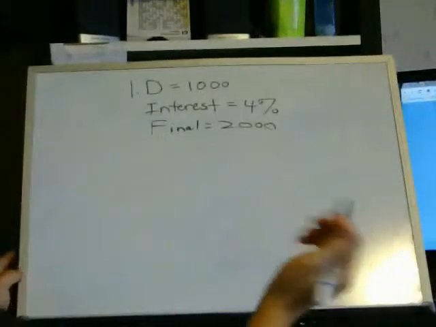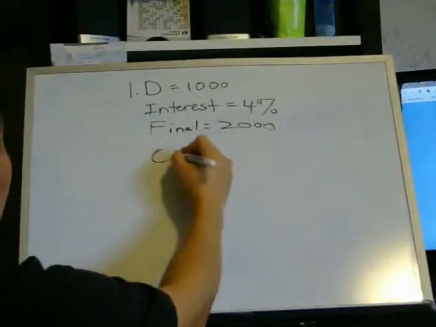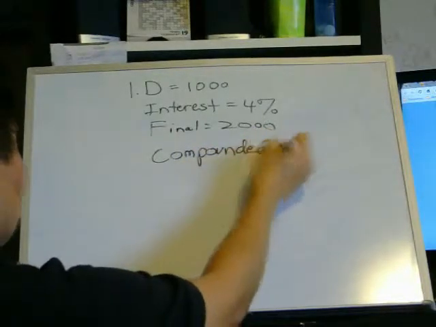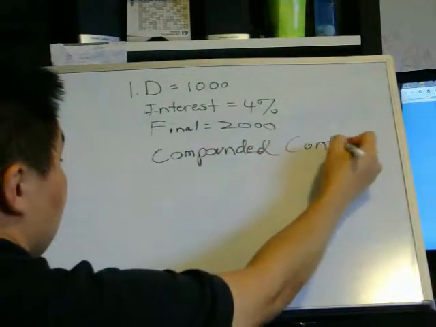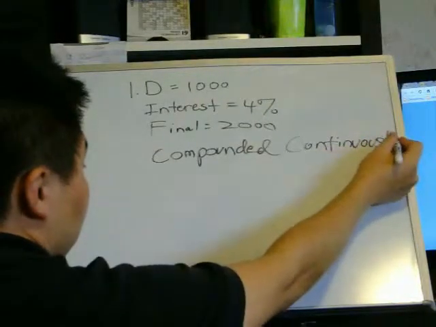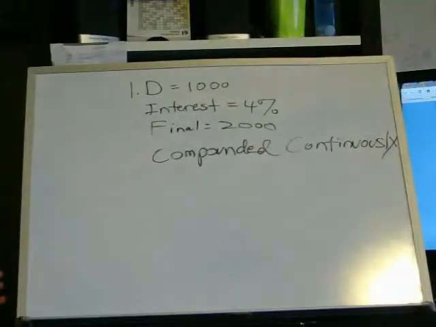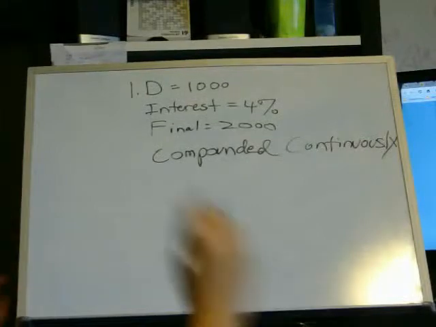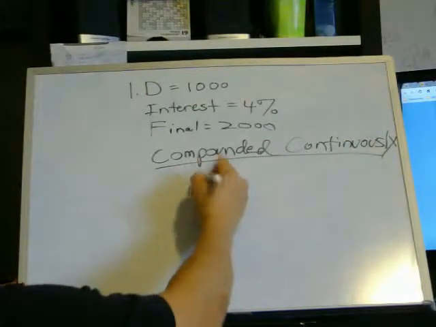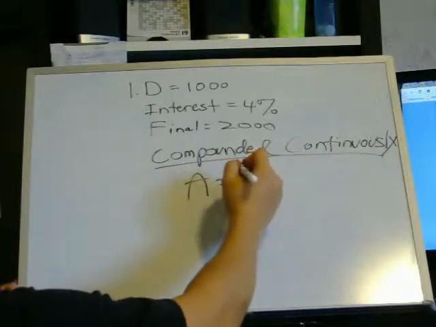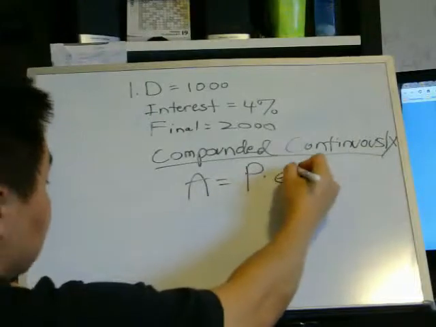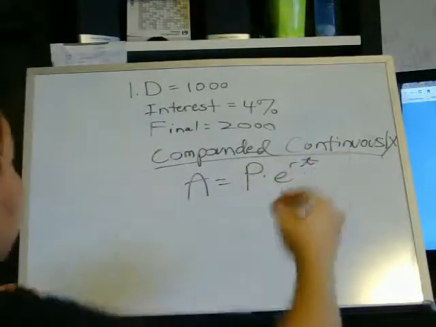Alright, the keyword here is compounded continuously. Because of this word, the equation you have to use is A equals P times e to the r t.